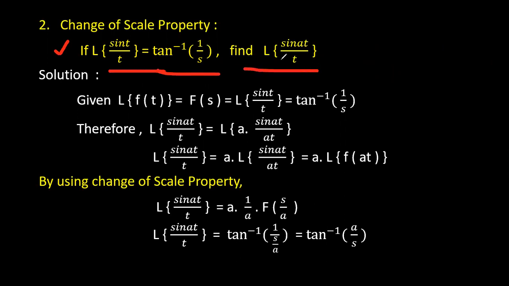Now we have to find the Laplace transform of sin at by t. Let's see what question he has given: the Laplace transform of sin t by t is equal to tan inverse 1 by s. So from this problem, the Laplace transform of f of t is nothing but your F of s.